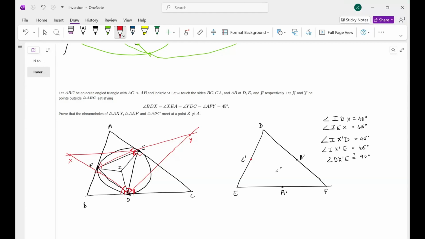Centered at the midpoint of DE, then X' should lie on the circle with diameter DE. Yes, that is true. So we can do that.